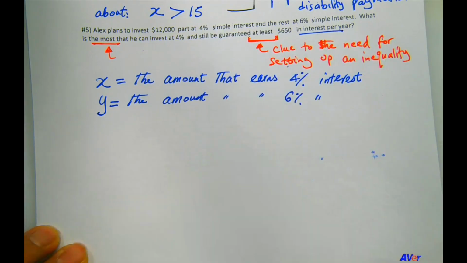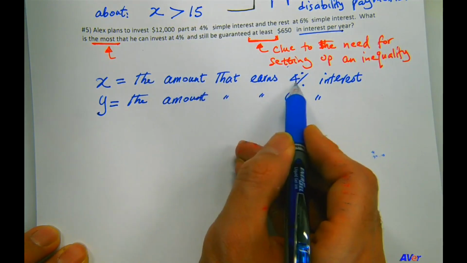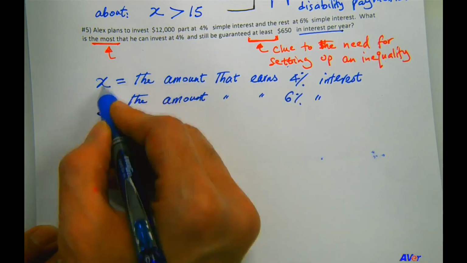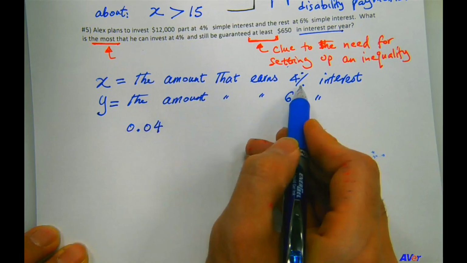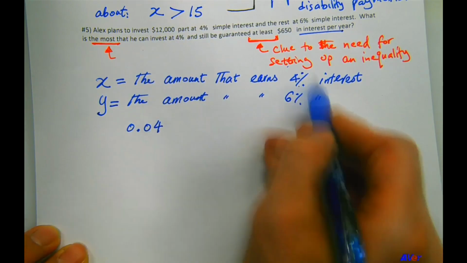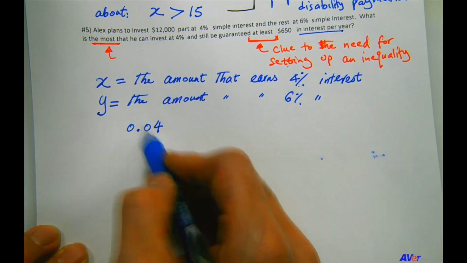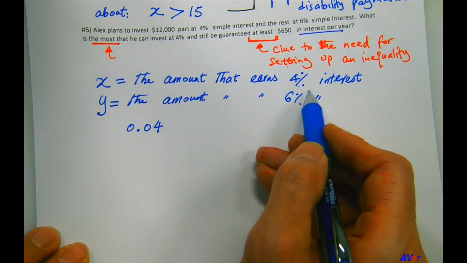So where can the interest come from? The interest can come from the account that has 4% in it. So that's 4% of whatever that amount, 0.04, right? So please remember how to convert percentages to decimals and decimals to percentages. Very, very important for all business majors.